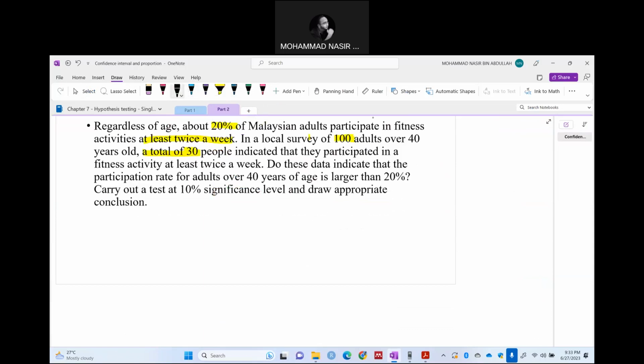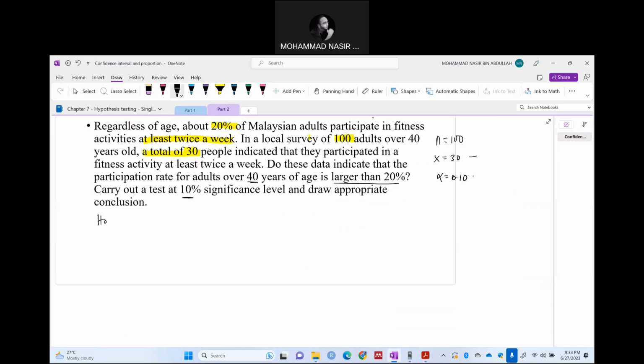So in this case, we have N equal to 100, X equal to 30. We want to test whether this data indicates that the participation rate of adults over 40 years of age is larger than 20%. We need to carry out a 10% significance level, so alpha equal to 0.10.